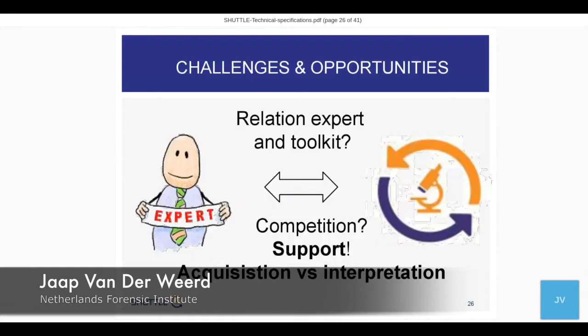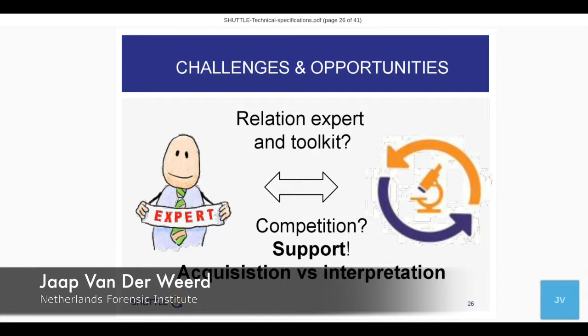Here we have a real challenge. As I told you, experts are very important in forensic science. We should prevent experts from seeing the shuttle toolkit, the toolkit that's been developed, as competition, as if it takes their jobs or does everything they used to do. We should avoid that.